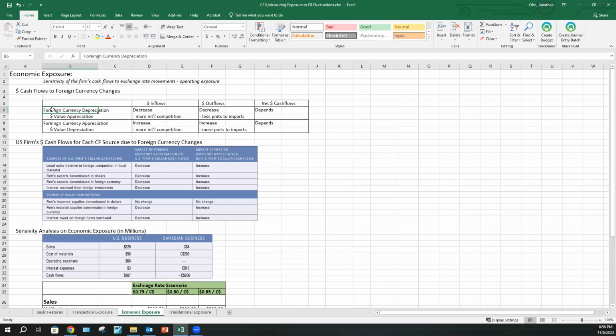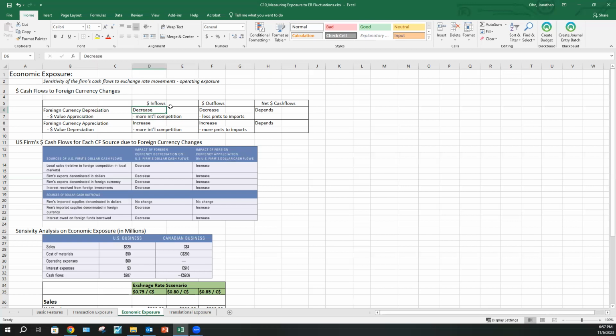Do you remember that if a country's currency depreciates, it will help their export? That means dollar appreciation, which will hurt our export. So inflows from export will decrease because there is more international competition.